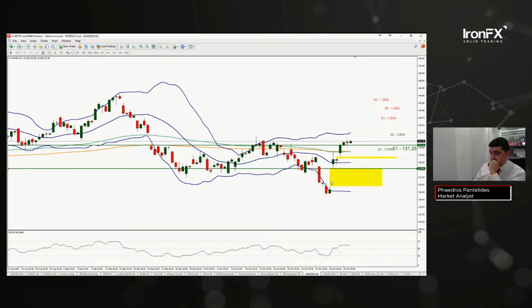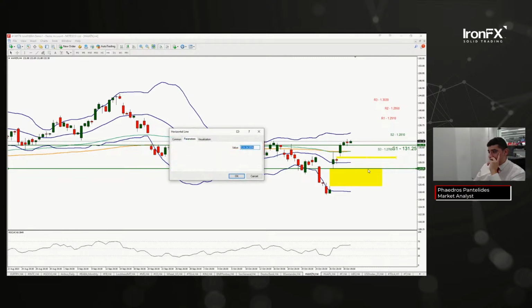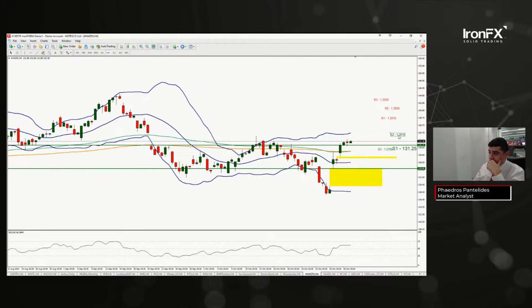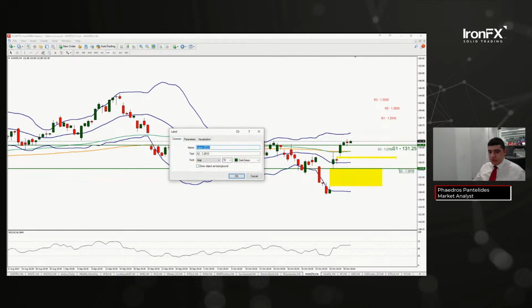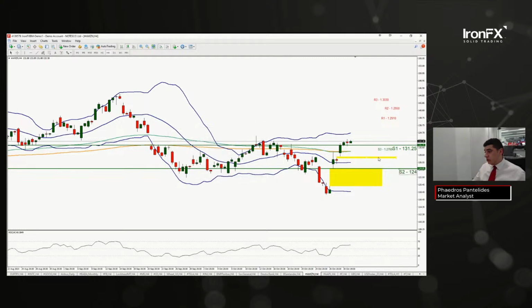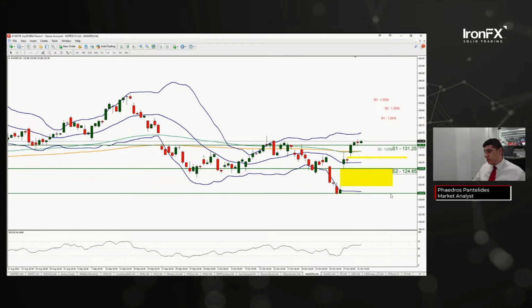However, given that this is a gap that may be filled in the future, most likely, or at least the price action may come back down to test and then move in an upwards direction, I would be placing my support level of S2 at around this point, on 124.85, and then S3 at the end, 118.07.